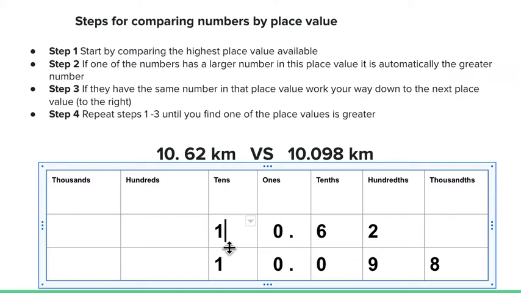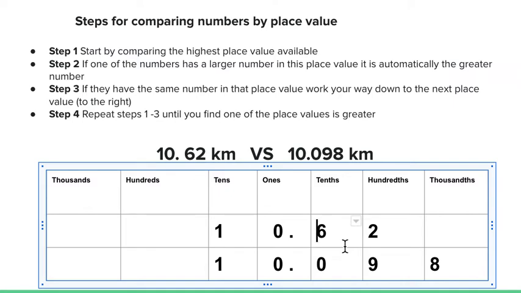Step 3 tells us if they have the same number in that place value, we have to work our way to the right to the next place value, which in this case would be the ones place value. And we see here in the ones, they both have a 0. So that doesn't help us. Now we're going to have to repeat the steps again, which is what step 4 tells us here. So we move on to the tenths column.